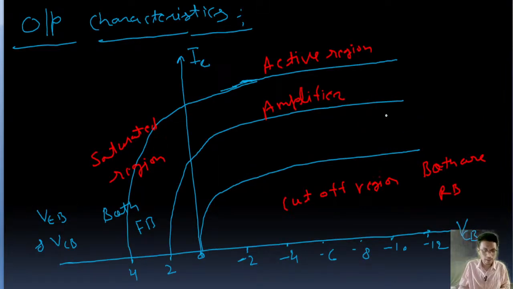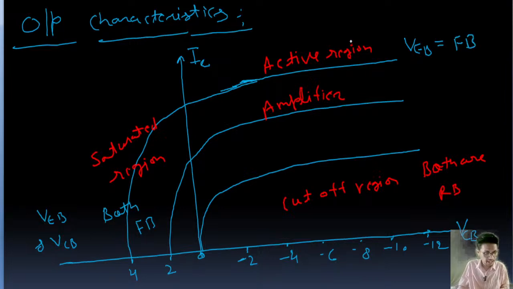And in the active region, VEB is forward bias.